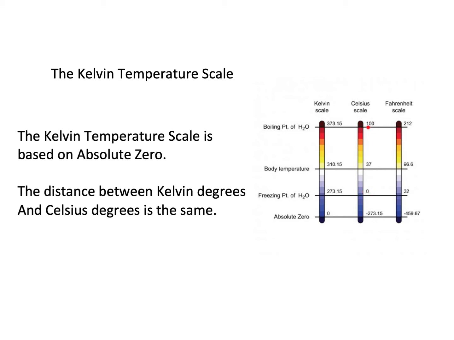The boiling point is 100 degrees Celsius. The difference is, again, 100 degrees. But on the Fahrenheit scale, the difference is different. On the Fahrenheit scale, you have 32 degrees for the freezing point of water and 212 degrees for the boiling point of water. The difference between those two temperatures is 180 degrees. That means the distance between a single Kelvin degree is bigger than the distance between a Fahrenheit degree on the two thermometers.